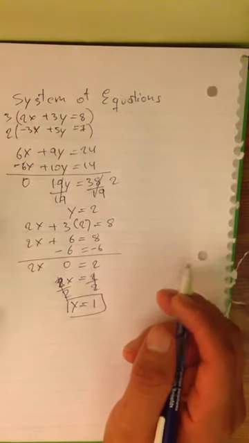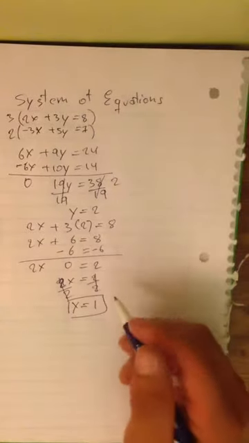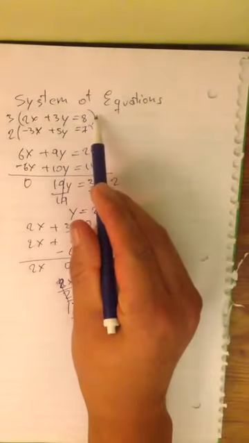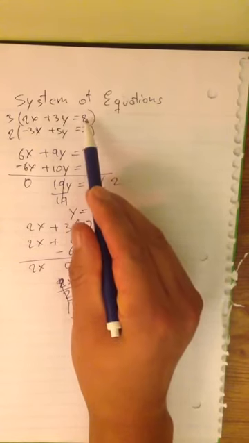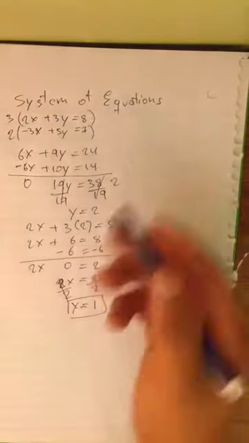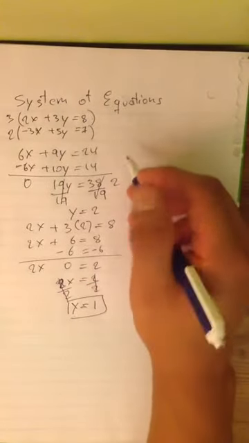So now, just to make sure that what we did is right, we can plug in these values in any of the equations and we should get the same constant on the other side. For example, if 8 is on one side, we should get 8 on the other side. So let's do this just to make sure.